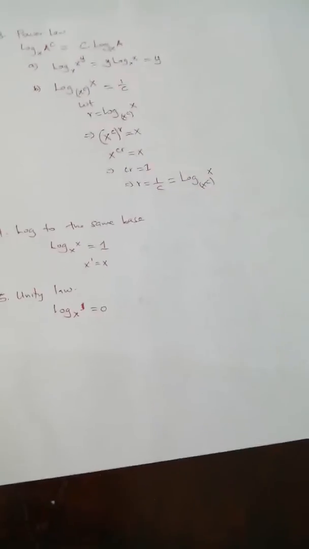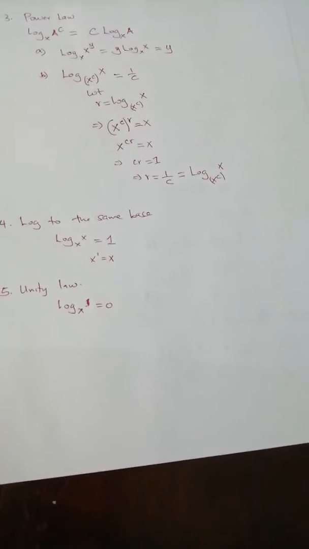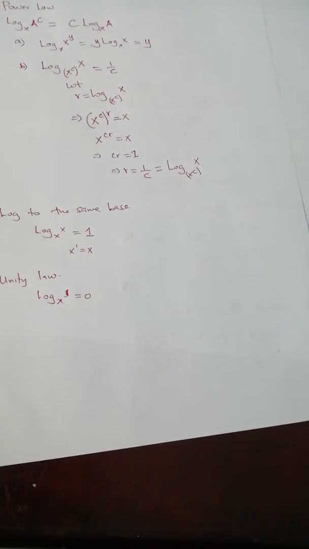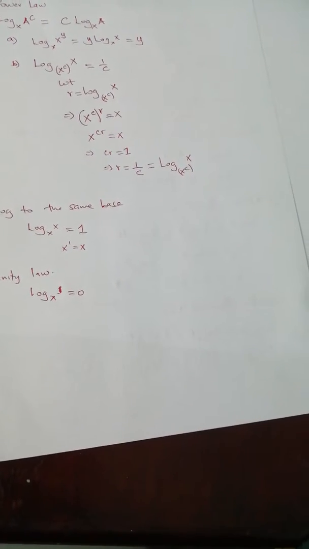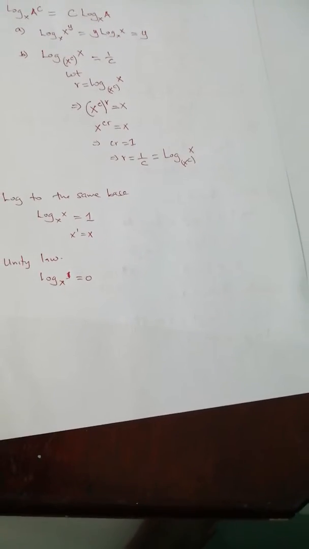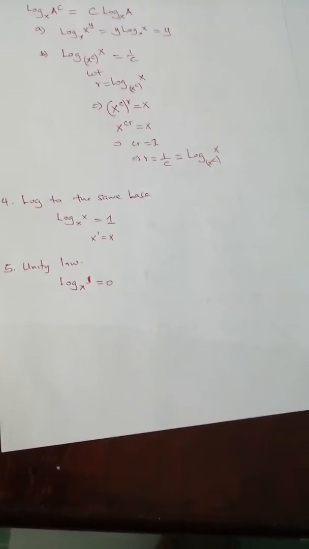However big it is, it will always give you 0. That is related to indices, because if you raise any number to 0, you always get 1, and they are correlated.